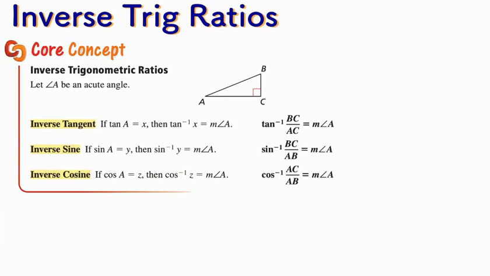We see that if tangent of A is equal to x, then tangent inverse of x is equal to the measure of angle A. We took the angle from the tangent function, and that is what we're solving for. And in this case, x could be the ratio of BC over AC. So we need to find the sides of the triangle that make up the parts for the inverse trig.